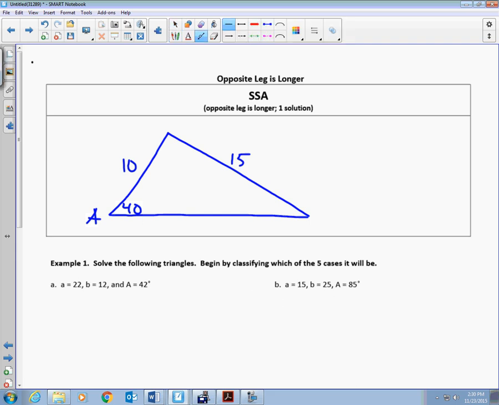If you have a triangle where it's, again, side-side-angle, and the opposite side is shorter or longer than the other given side? It's longer. If you come up with one where it's longer, then you can only get one solution. Because if I swing this on the pendulum, does it make another triangle? No, it does not. And so therefore, you have just one solution.